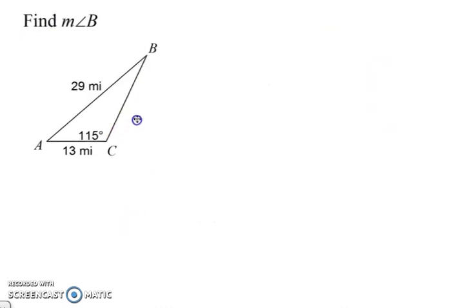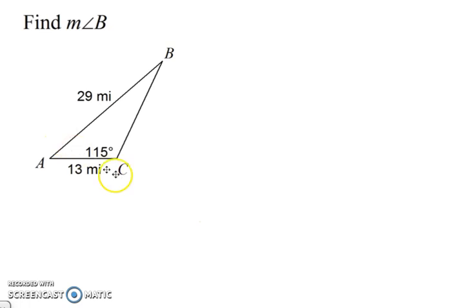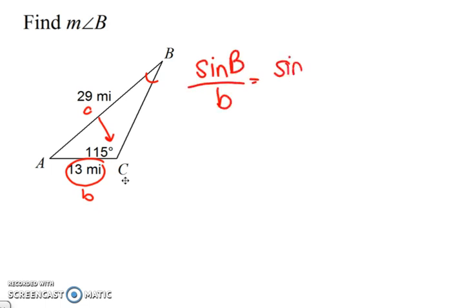So I need to find the measure of angle B. I cannot use trig because I do not have a right triangle. So if I am looking for B, I do have little b, I've got the opposite side. Same thing, I have little c, and I have its angle. So I'm going to first set up the sine of B over little b is going to equal the sine of C over little c, and I'm going to substitute in.